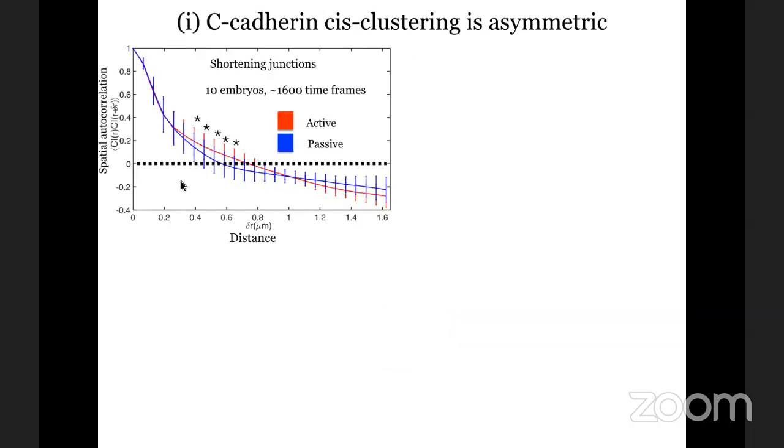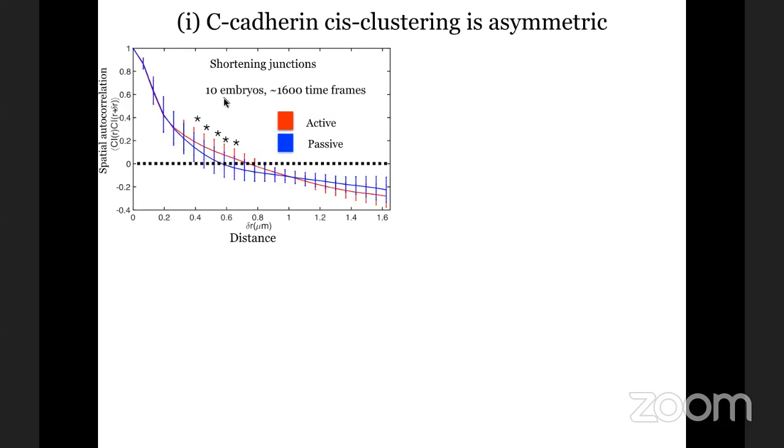We came up with a way to quantify the cluster sizes of cadherin using the spatial correlation in the cadherin intensity fluctuations as a function of distance along the cell-cell junction. You can see at short distances, they are highly correlated, and then this correlation decays as you go farther and farther away along the junction.